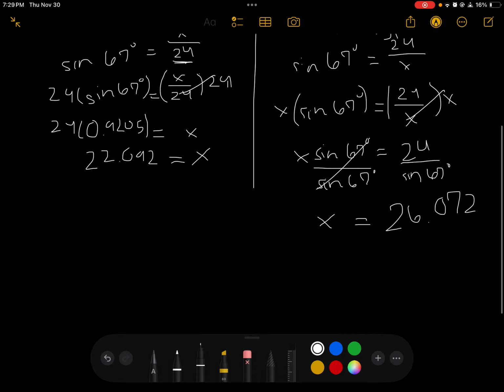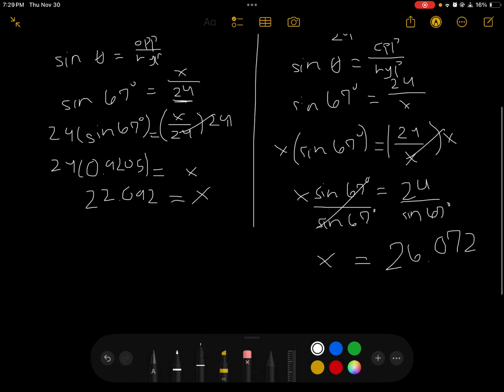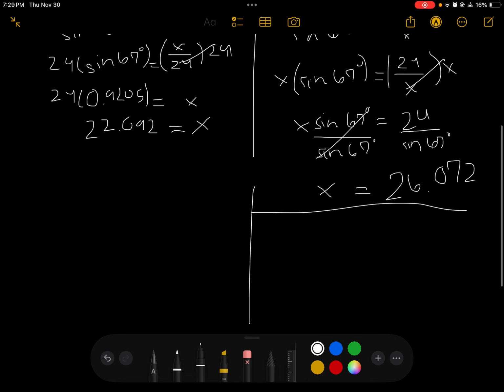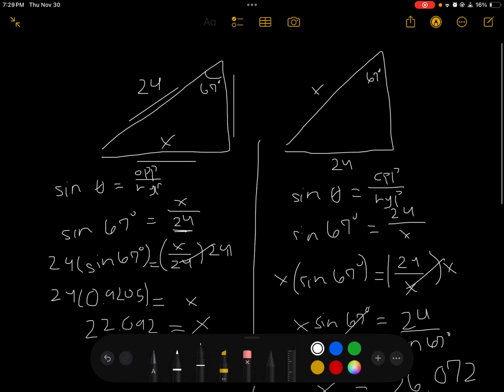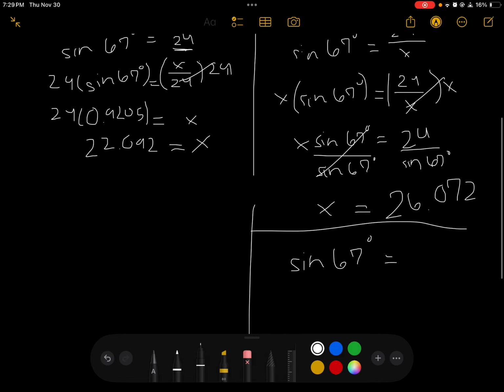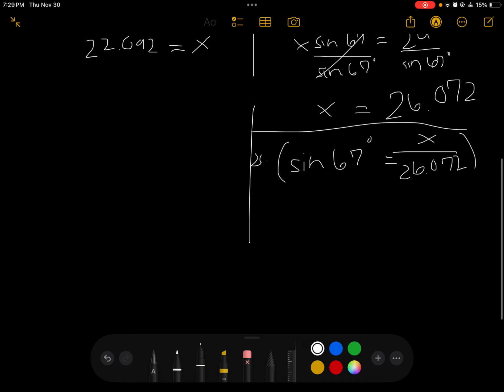So to prove that this is actually correct, we'll just have to do it the opposite way, which is we're gonna plug in for the checking. We're just gonna do sin 67 degrees equals 24 divided by x. Oopsie, it's actually the opposite. sin 67 equals 26.072 divided by x. Multiply both sides by 26.072, cancel this out.